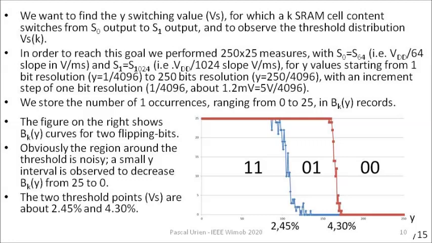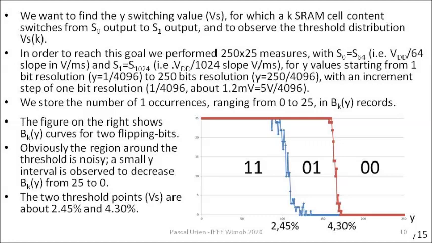In order to reach these goals, we perform 250 times 25 measures with S0 equal S64, that's to say 64 millisecond slope, and S1 equal to S1024, that's to say 1024 millisecond slope.